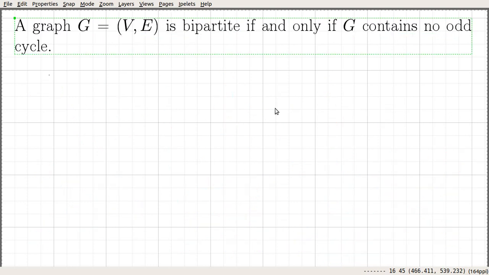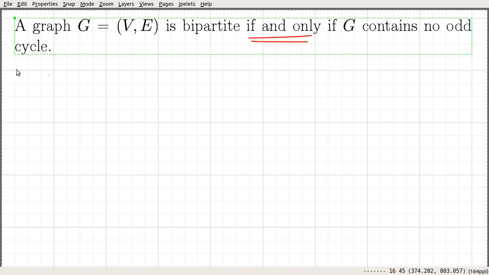Here we can see that this statement contains an if and only if, so we need to prove two substatements. The first substatement is: if a graph G is bipartite, then it contains no odd cycle, and the other way: if G contains no odd cycle, then G is bipartite.